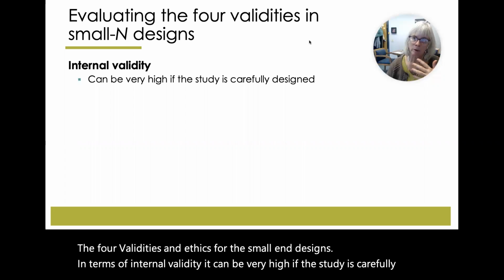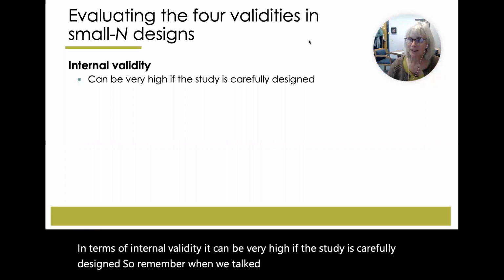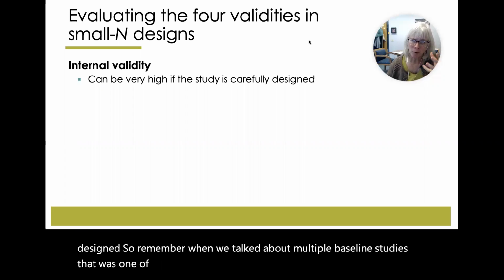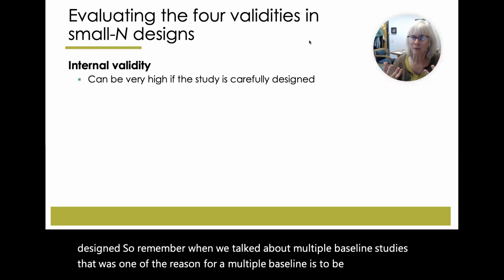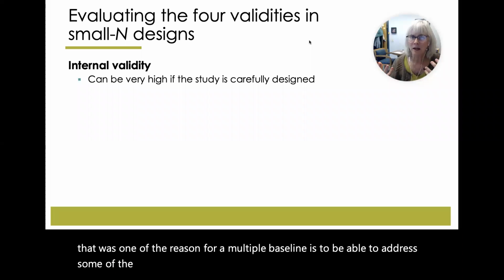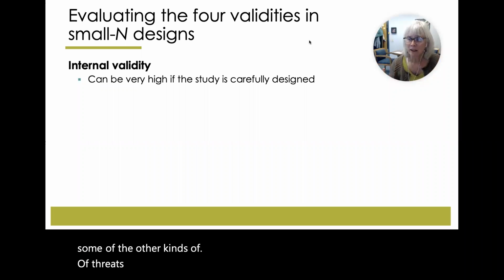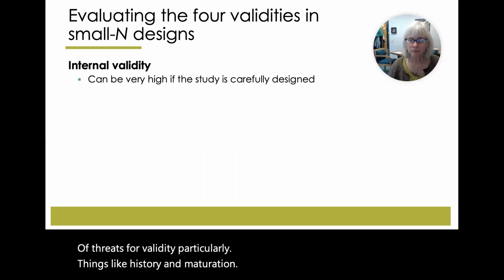So remember when we talked about multiple baseline studies, the reason for a multiple baseline is to be able to address some of the other kinds of threats for validity, particularly things like history and maturation. So there are things that we can do.